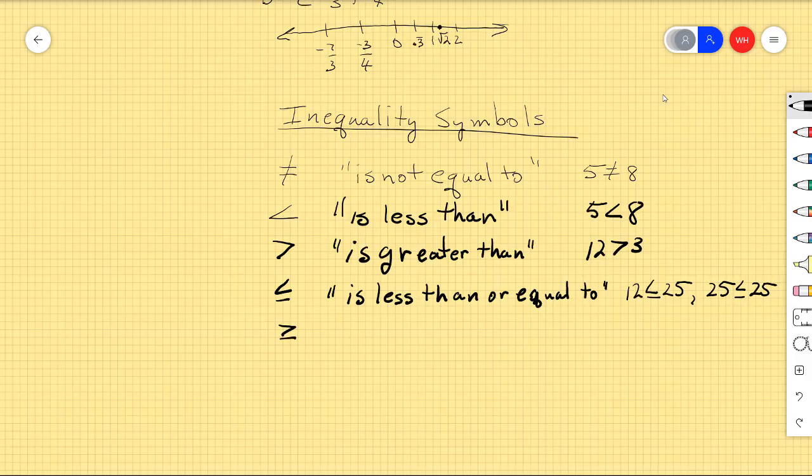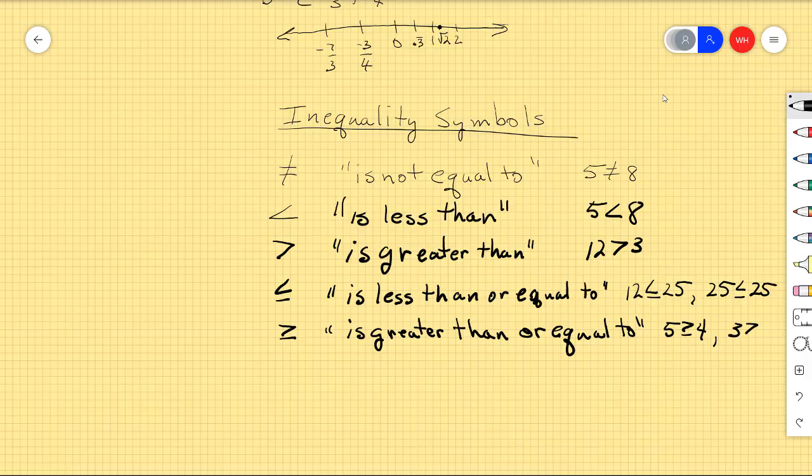Okay, then is greater than or equal to. So 5 is greater than or equal to 4, and 3 is greater than or equal to itself.